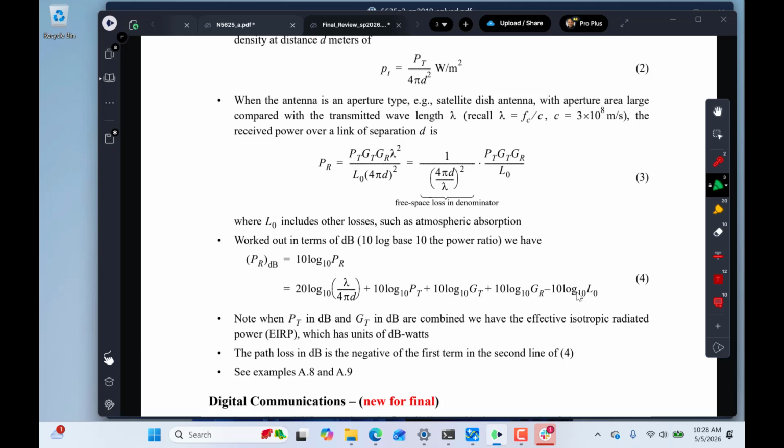I'd prefer you to do it that way, but do not tangle those two things up because you will get the wrong answer every time. Just keep your brain straight. If you want to, move your brain to thinking the way comm systems people do, work with dB, which would be this formulation down here. If you want to work with the ratios and just crank all the numbers in and then punch buttons on your calculator all at once, one big blob, then you'll get a number that way.